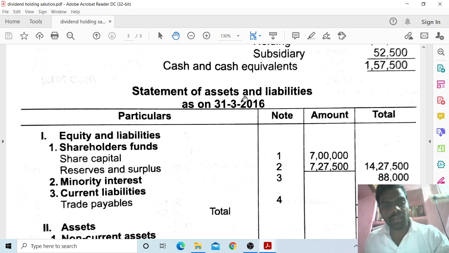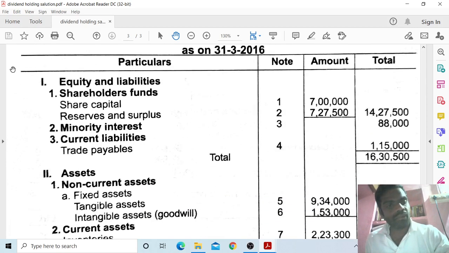Now the statement of assets and liabilities as on 31/3/2016. First, equity and liabilities. Shareholders' funds: share capital, note number 1, 7 lakh. Reserves and surplus, note number 2, 7,27,500.